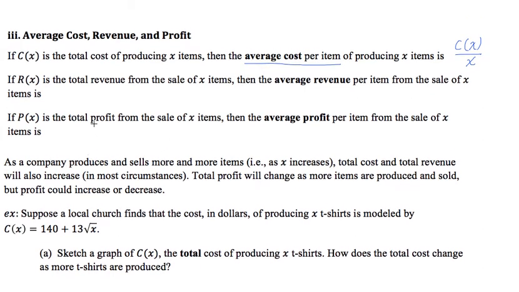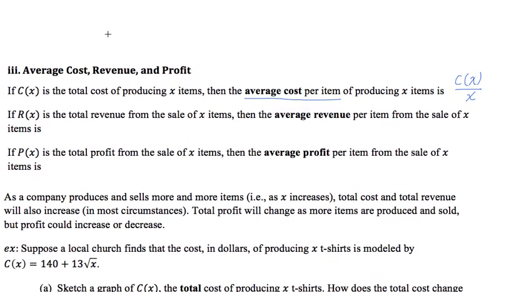So let's say, for example, that you're the producer. Say you produce 10 items. Keep it simple for the moment. And it costs, let's say, $200 total to produce those 10 items.